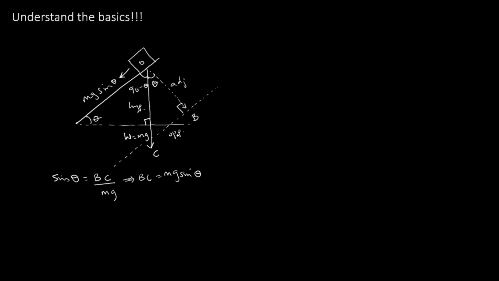Alright, and then the component which is perpendicular to the plane is actually OB. Right, now what connects OB, which is adjacent, with hypotenuse? Of course, if you know your trig functions very well, that will be your cosine. Cos theta, that's the cosine function, is equal to adjacent over hypotenuse, that is OB over the weight, that's mg.